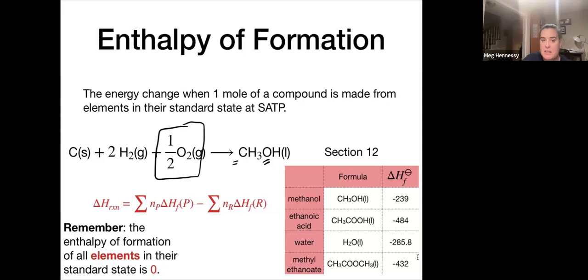The big formula here is that the delta H of the reaction will be the sum of all of the enthalpies of formation of the products minus all of the enthalpies of formation of the reactants. Those n's that I put in mean that you do have to account for the stoichiometric coefficients. If you don't like my summation notation, you can just say to yourself, it's products minus reactants.